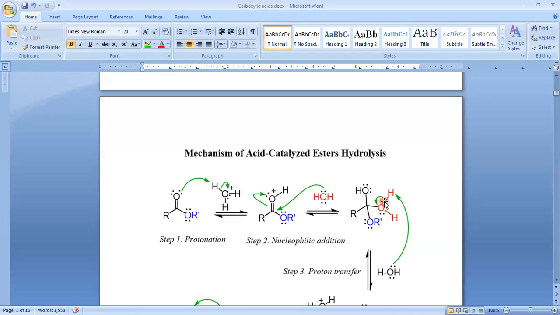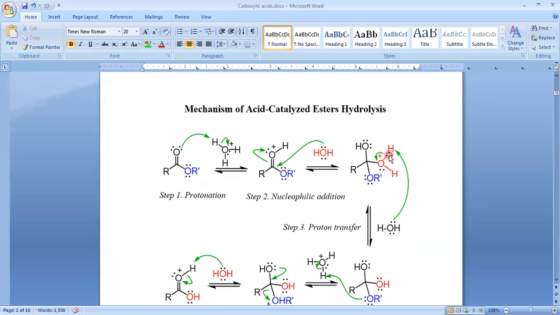Again, to diminish that charge, it pulls electrons from a nearby bond. This oxygen has a nearby OH bond, so it takes up the electrons from the OH bond, thereby releasing a proton. That proton is taken up by this water molecule. So this step is also known as proton transfer from this molecule to this molecule.